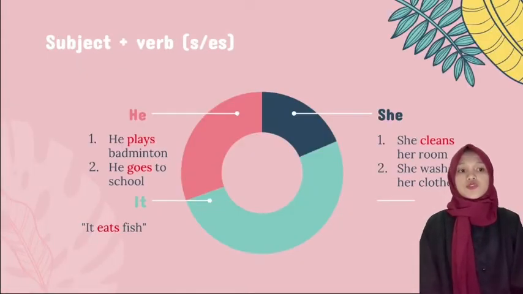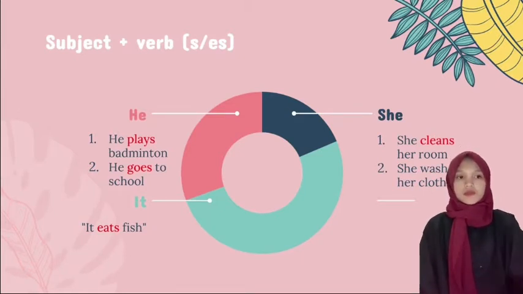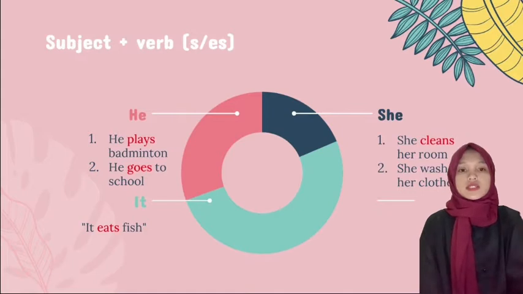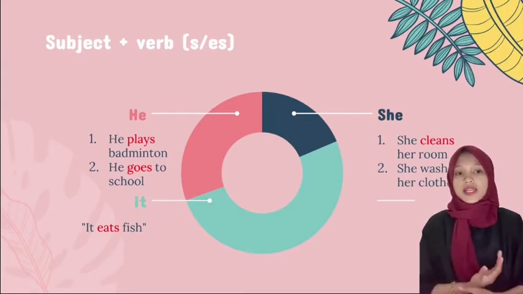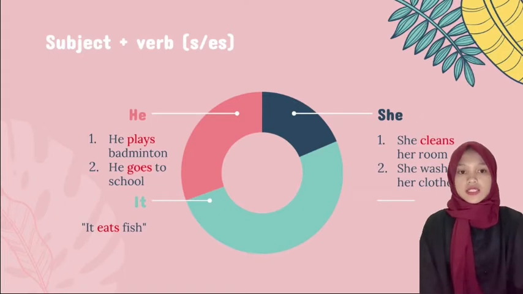What subjects do we add the letter S or ES to? The first is he. For example, he plays football. The basic word is play, and we add S because the subject is he. And then she. She cleans her room.